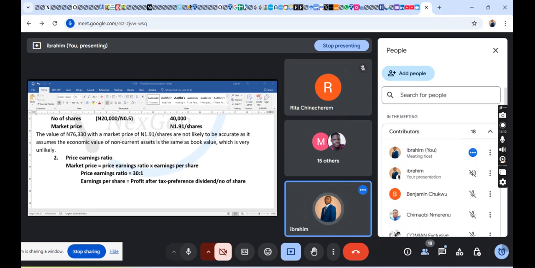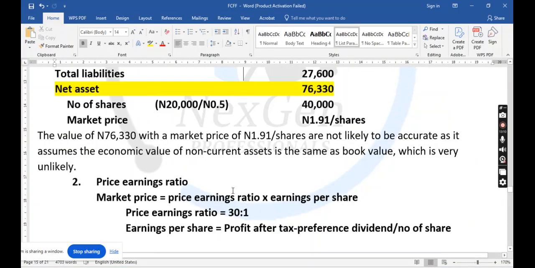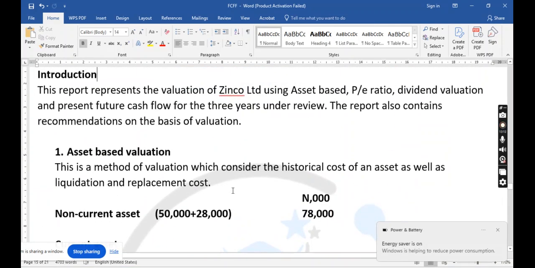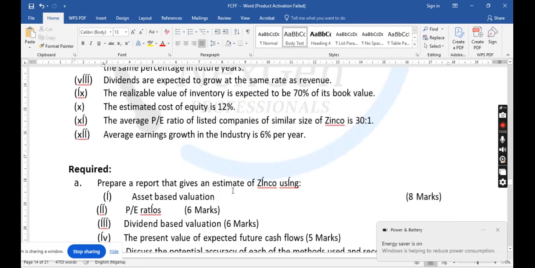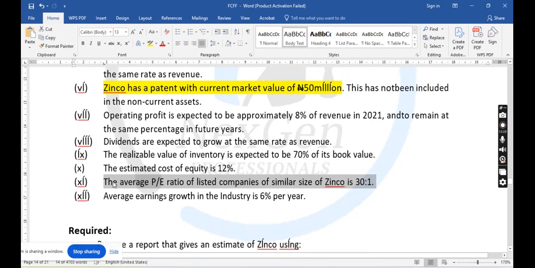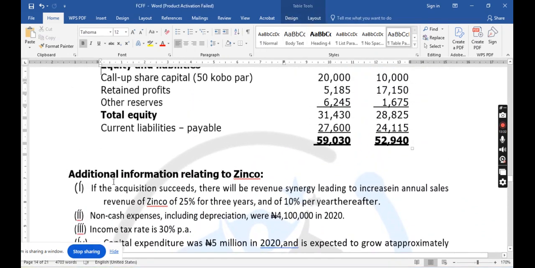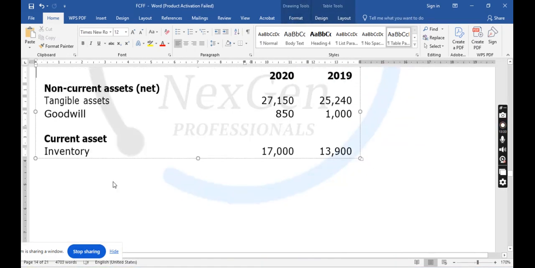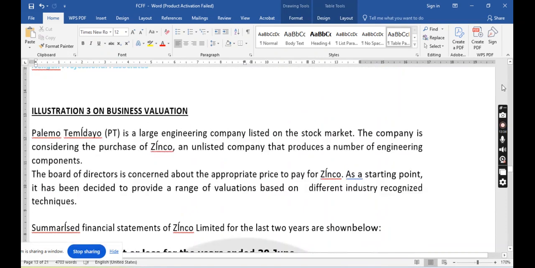No, I didn't say a particular figure is your EPS. What I mentioned is that it will not form part of your calculation. The EPS is not given in this question. What you are given is just the average PE ratio. EPS will not be given, so EPS will be calculated from your profit or loss account.